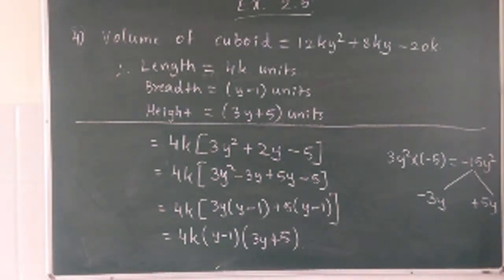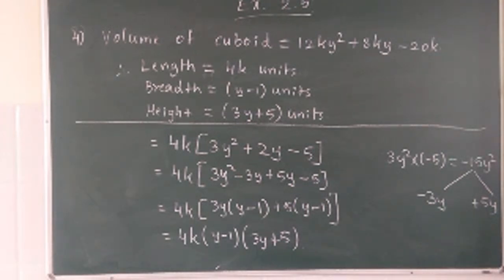So what do we have to do? We have to consider the term and take the common term outside. Here the common term is 4k. When you take 4k outside, it becomes 4k into 3y square plus 2y minus 5. Then we have to split the middle term because 3y square plus 2y minus 5 is in the form of a quadratic equation. It gives minus 3y plus 5y.